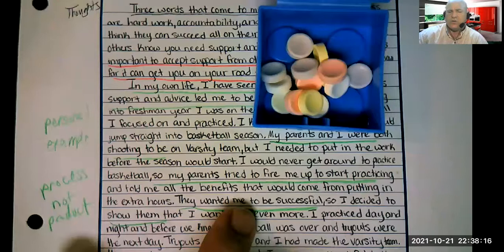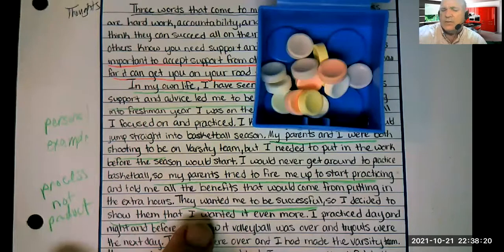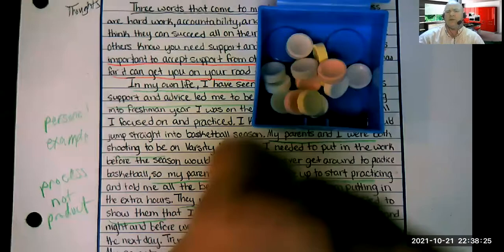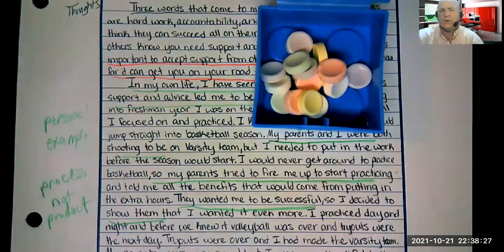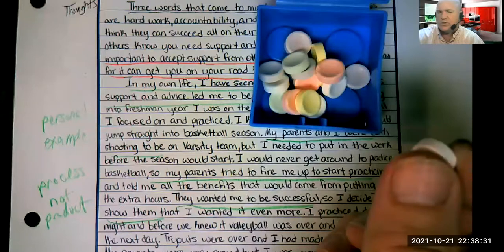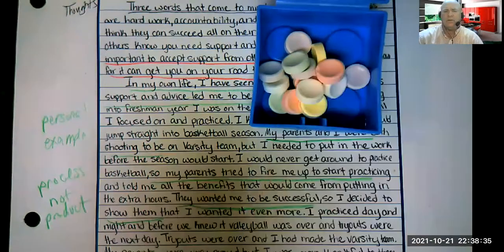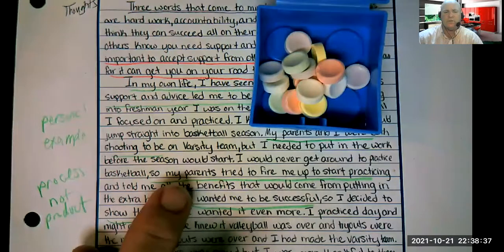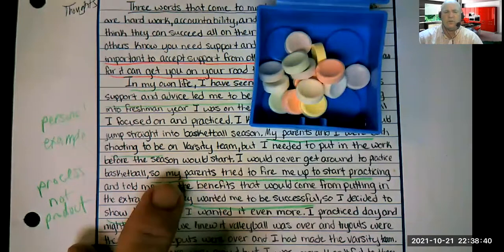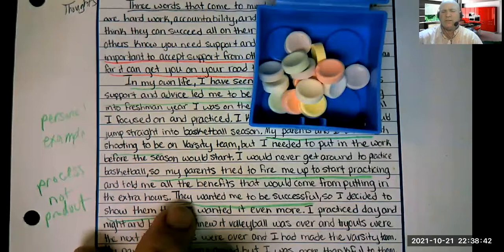So I decided to show them that I wanted it even more, okay? A complete sentence again, and it was again a compound sentence. This teacher was really good at using coordinating conjunctions with two independent clauses. They wanted me to be, so I decided to show them that I wanted it even more. Nothing really fancy there.